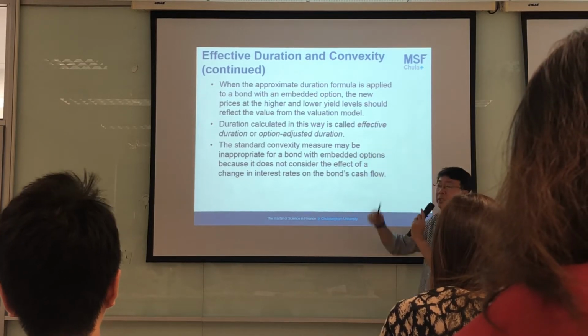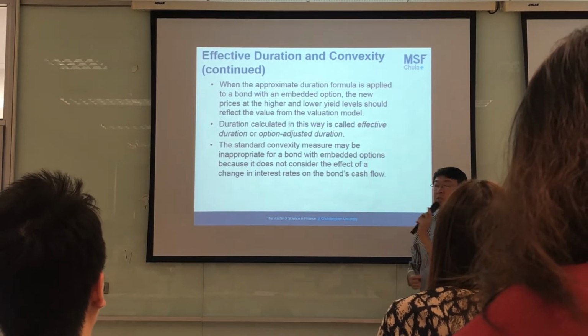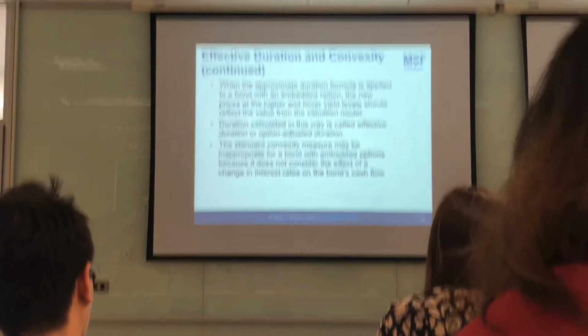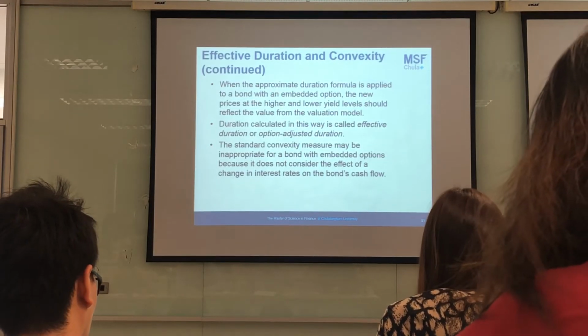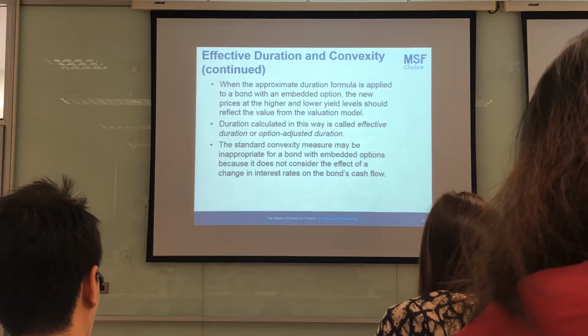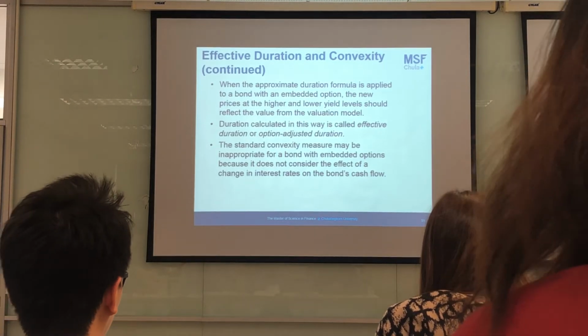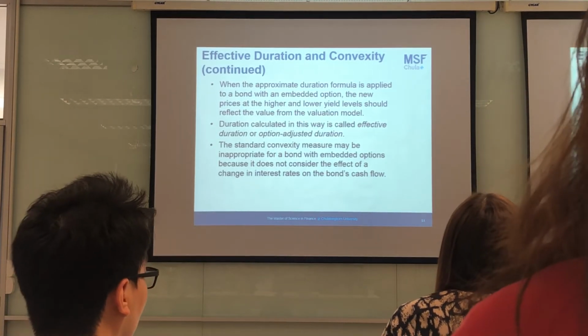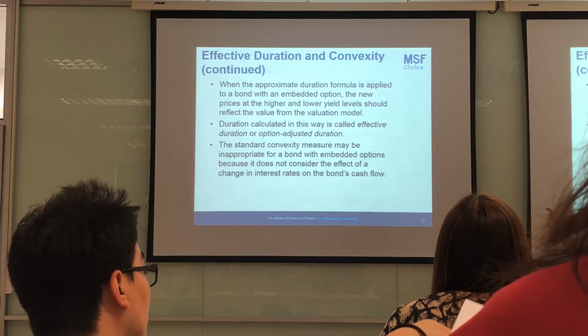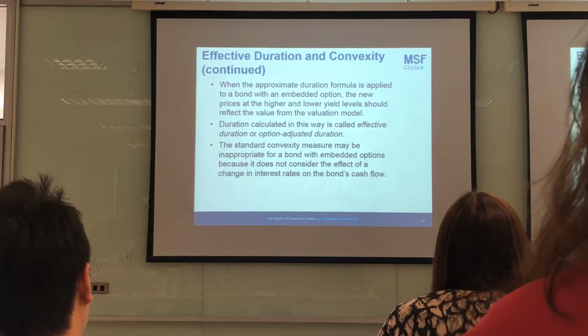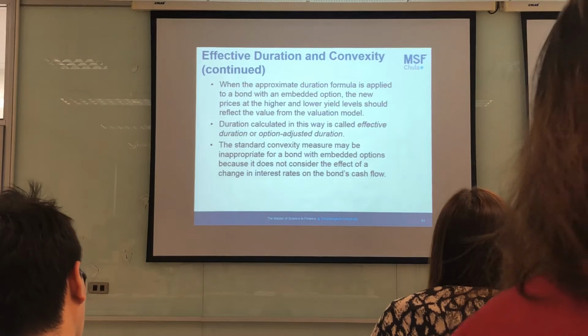Okay, effective duration or option adjusted duration. Actually, that formula is just a general formula, right? But when we apply the approximate duration for the callable bond or puttable bond, it will be called the effective duration.